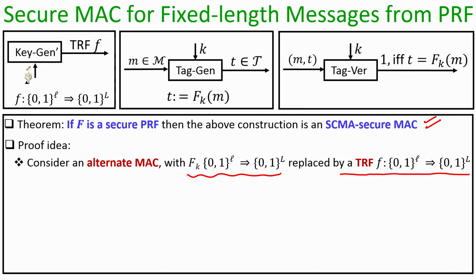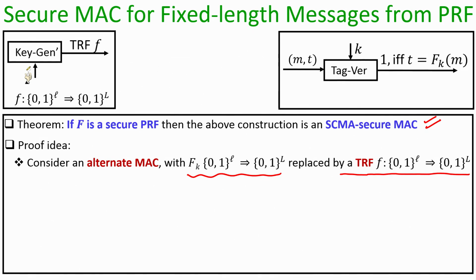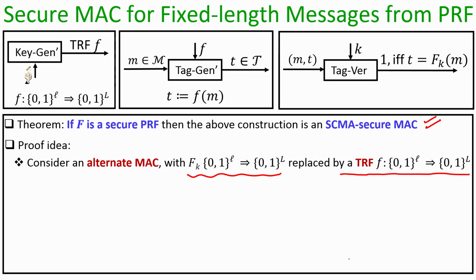The reason I am introducing this truly random function based message authentication code is that it will help us understand the underlying intuition behind the proof of this theorem. So, that is the key generation algorithm for the truly random function based message authentication code, and the tag generation algorithm for this alternate message authentication code is as follows.